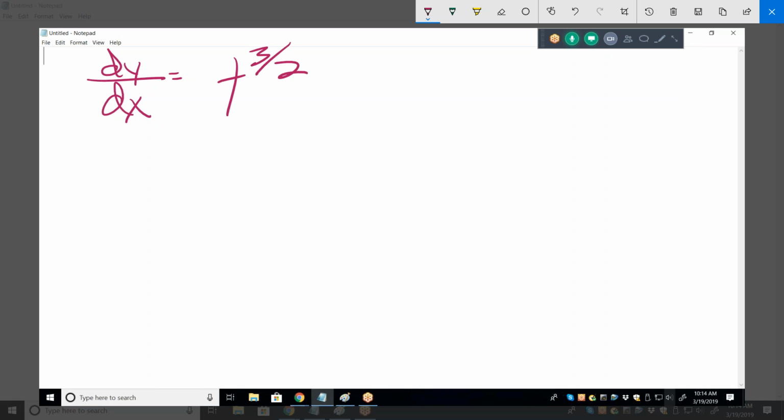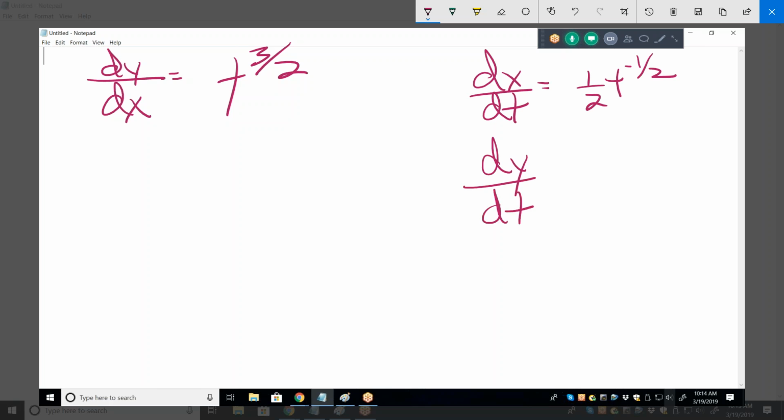And we also know dx/dt equals 1/2 t to the minus 1/2, and dy/dt equals 1/2 t.